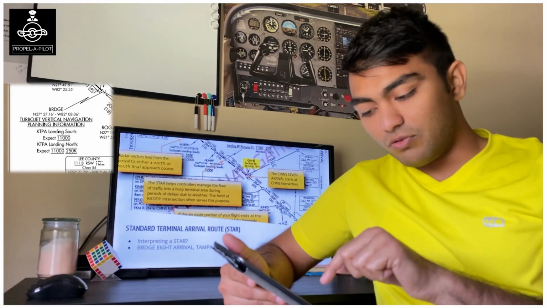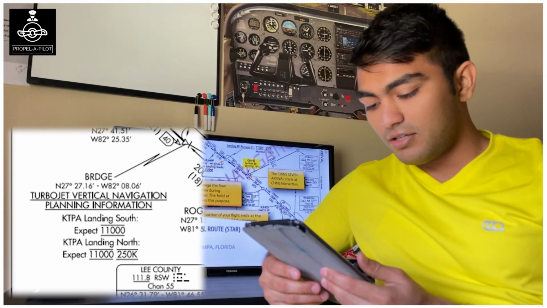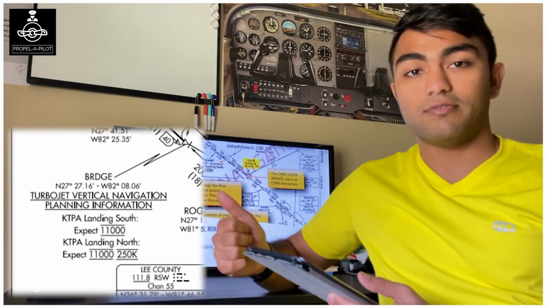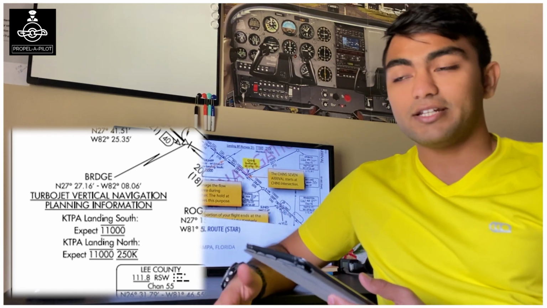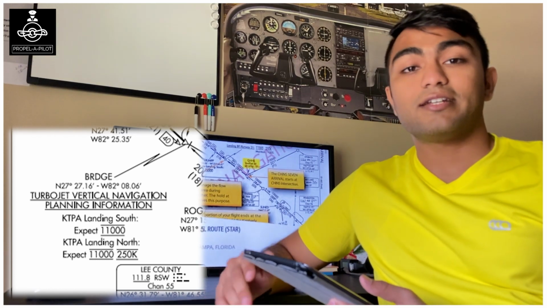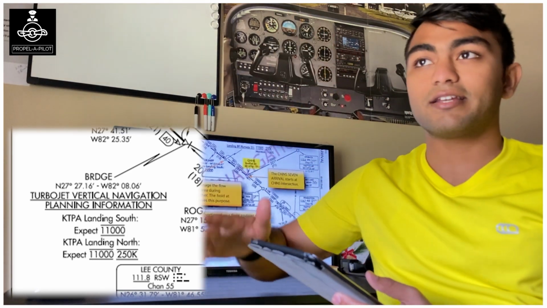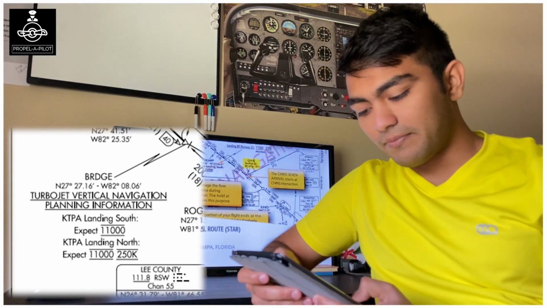Now let's take a look at those notes that we left below Bridge. There is turbojet vertical navigation planning information, which we cover in the next video itself. Vertical navigation planning information helps turbojets and other high performance aircraft to descend in a planned manner. What is that?